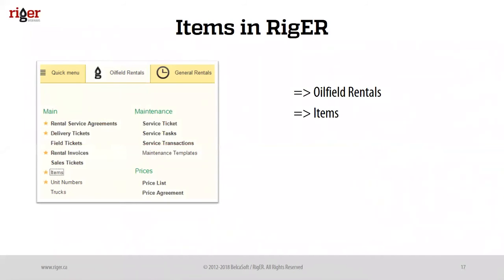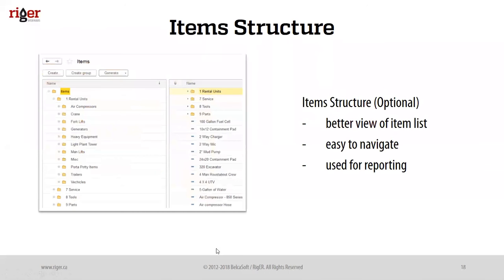Items in RigER can be reached when you go to Oilfield Rentals and Items. We provide an ability to build a structure of the items. Usually we separate rental units, services, parts, tools, and other categories, because those categories give us a better view of the item list.